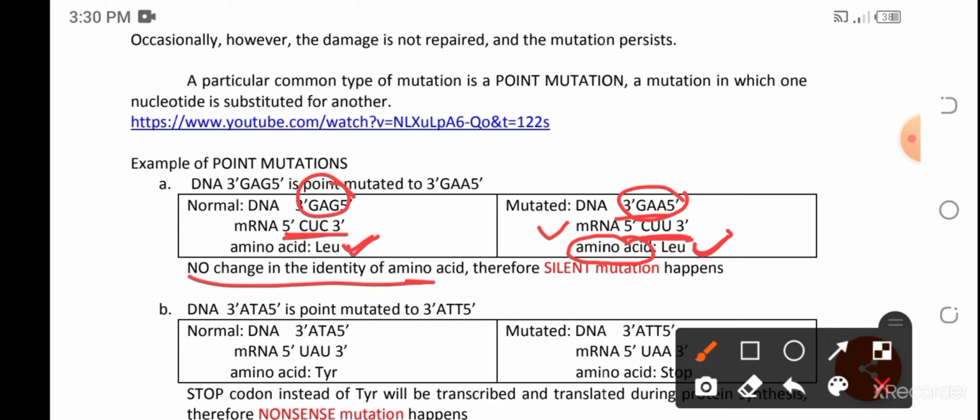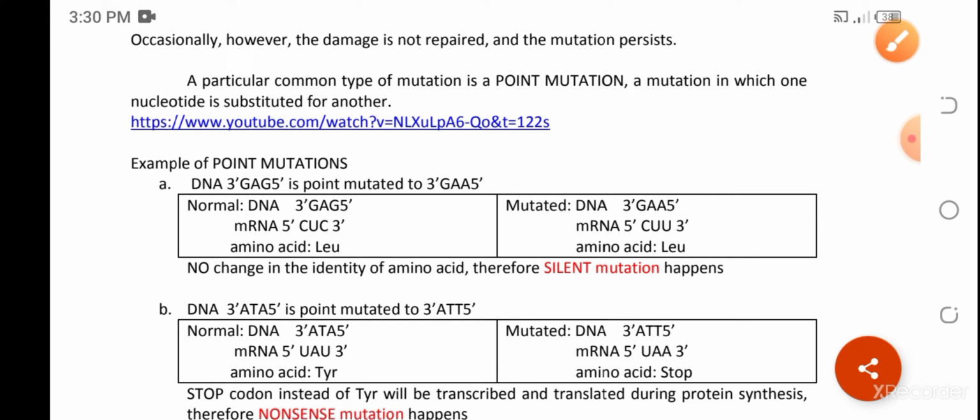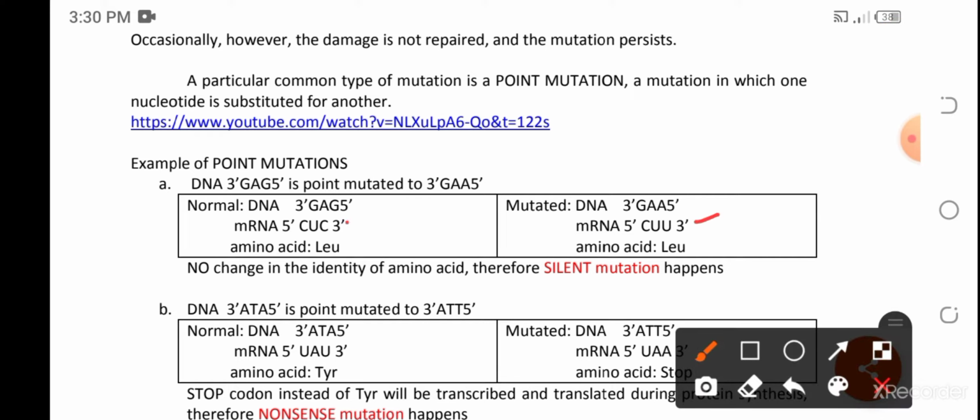So there's no change in the identity of the amino acid even though there is a mutation. Therefore, this type of point mutation is silent mutation because it is coding for the same amino acid. Even though we have different codes, since CUC is synonymous with CUU, they are coding for the same amino acid.